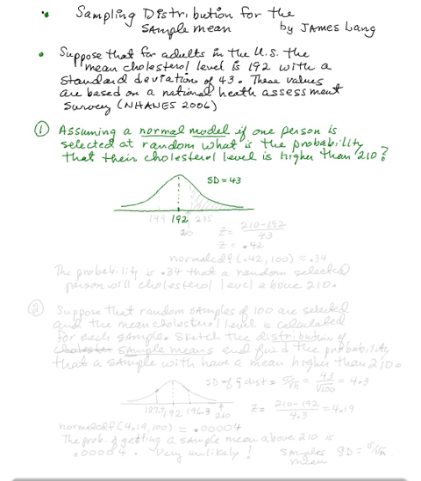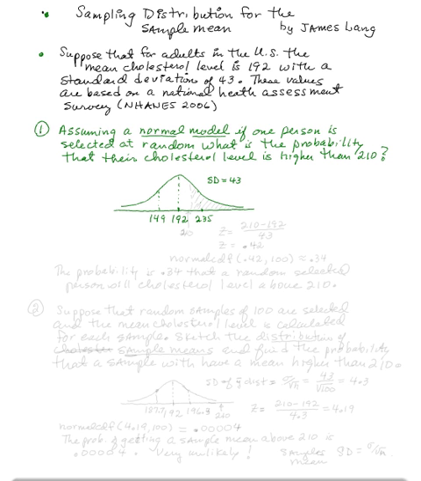And so if we mark off about one standard deviation each way, 43 added on to 192 would be 235. And if we want one standard deviation the other way, 43 from 192 would be 149.